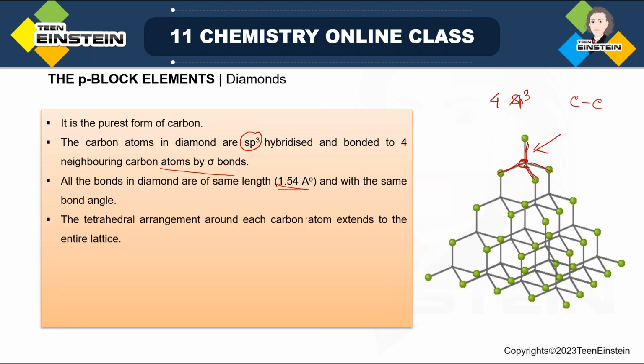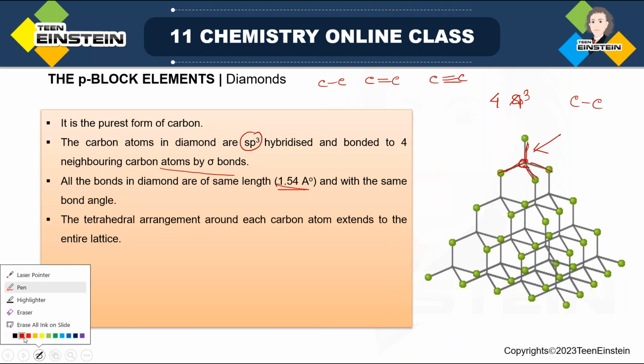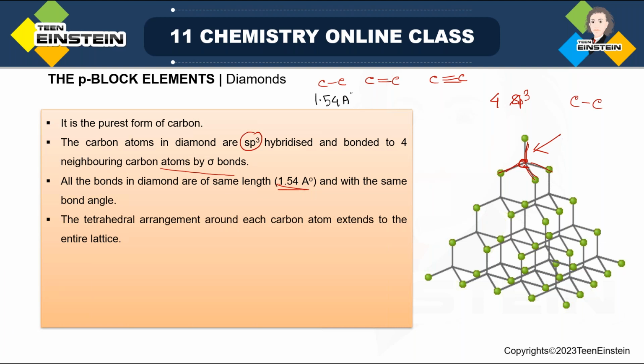Now, if I give you the data of average CC single bond length, then average CC triple bond and double bond, the average bond lengths are somewhat like this: 1.54 angstrom for single, 1.34 angstrom for double, and 1.20 angstrom for triple. So as you can see the value 1.54, that means the bond is a CC single bond, and all the bond lengths, and the bond angle if you consider, are also the same.